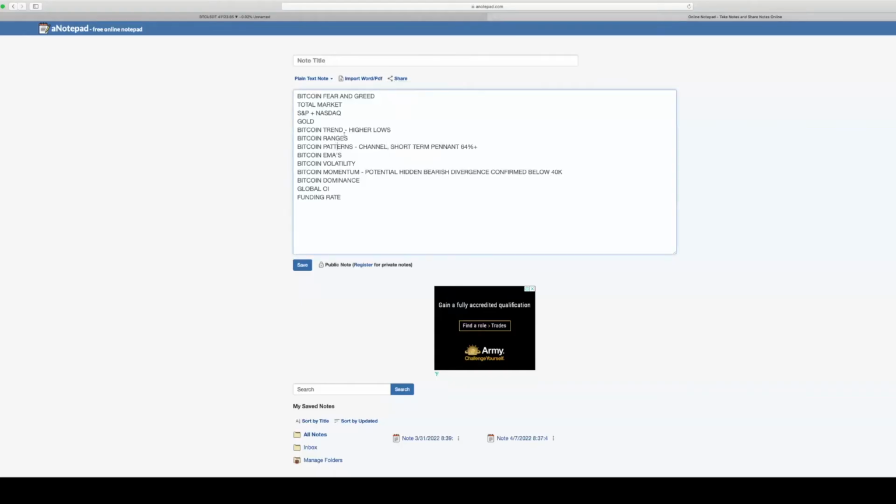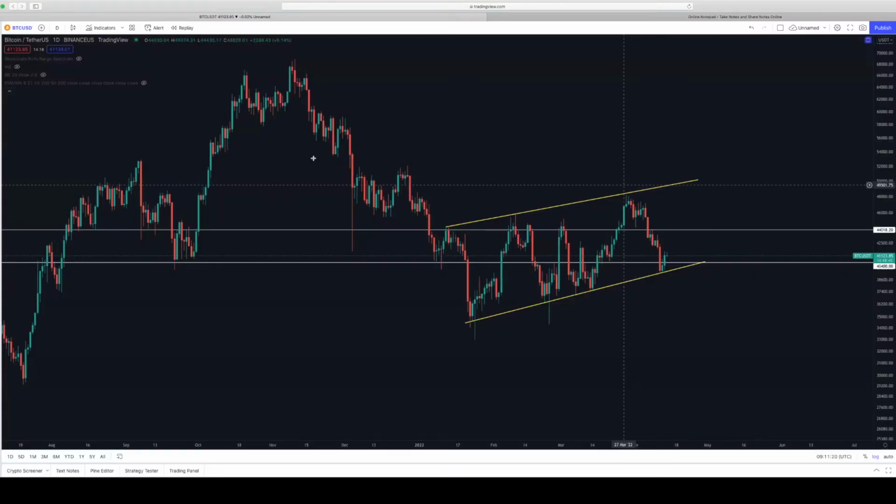So the next thing would be Bitcoin ranges. So basically expanding on what I just said there. And also about channels, when it bounced off the bottom of this channel here, it's similar to what I say about ranges: every day that passes, the less likely it is that it's going to stick in this pattern, because more and more people get clued onto it, more and more people trade accordingly.